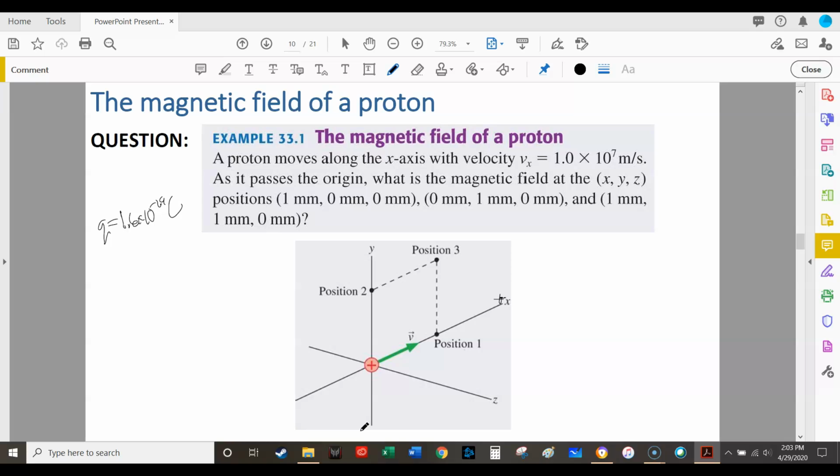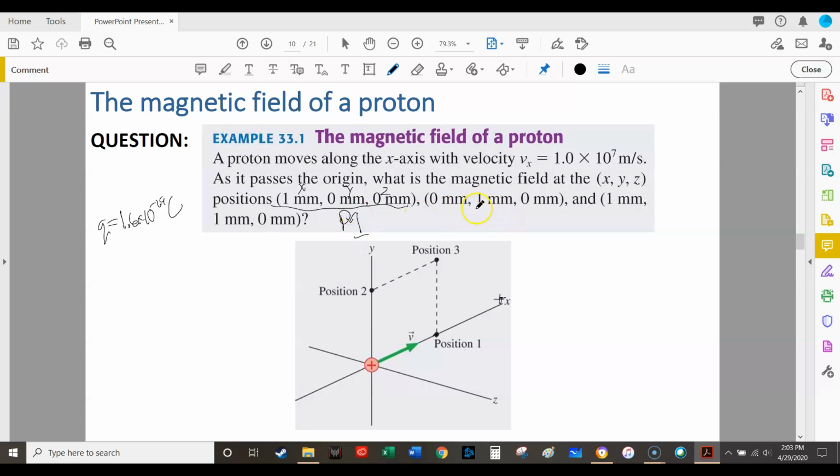And they want to know what the magnetic field is at this position, right here, when it's at a distance x equals 1 millimeter, 0 in the y direction, and 0 in the z direction. So this is position 1.